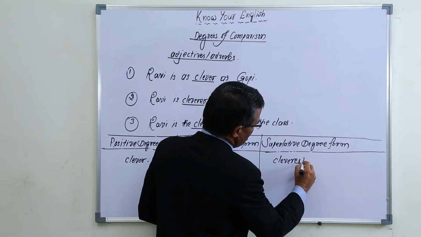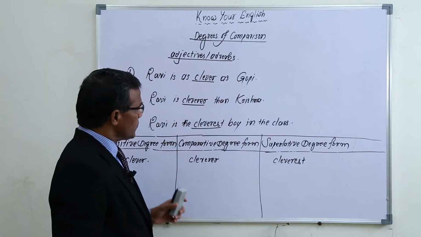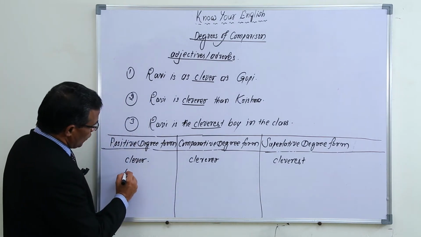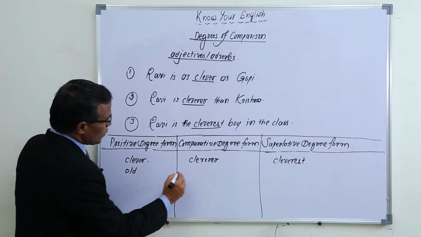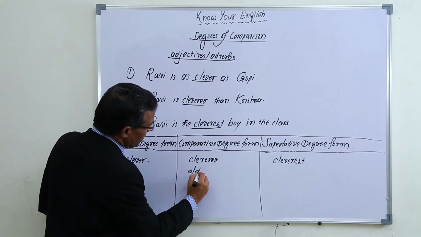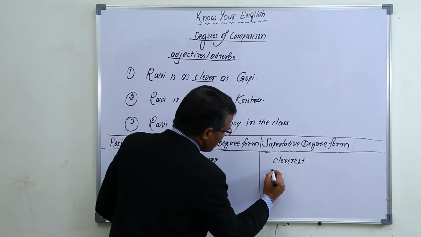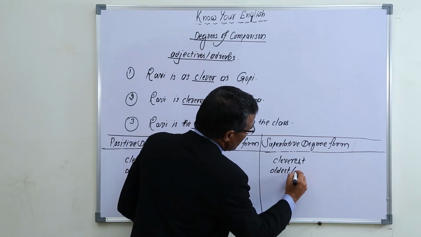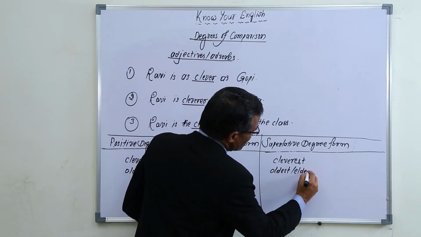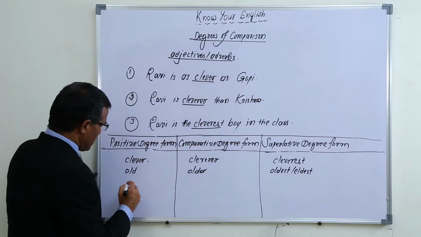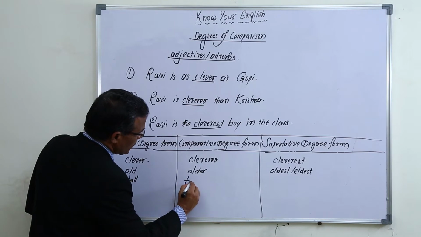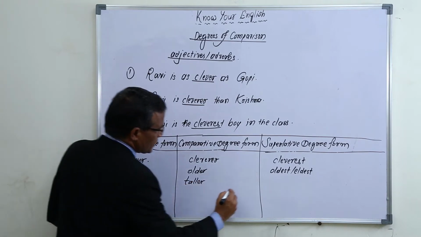In this way, I'll show you some more forms of adjectives. For example, old, older, oldest or eldest. For example, tall, taller, tallest.